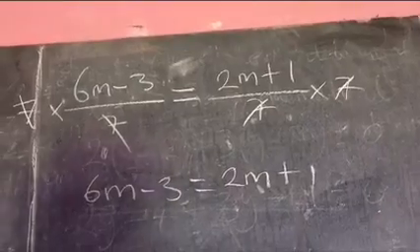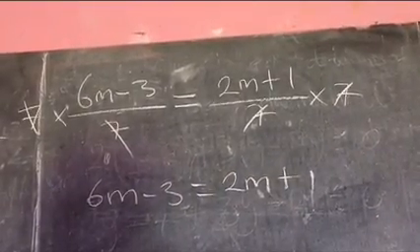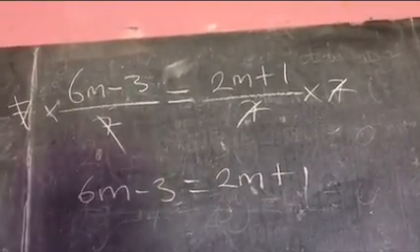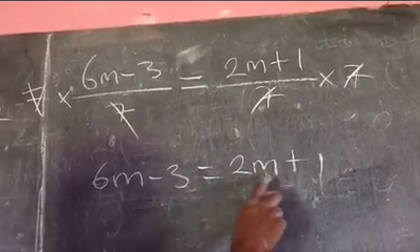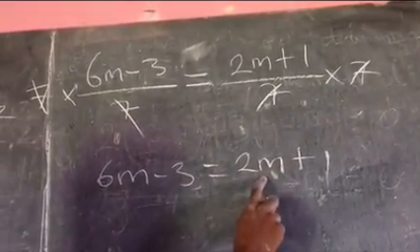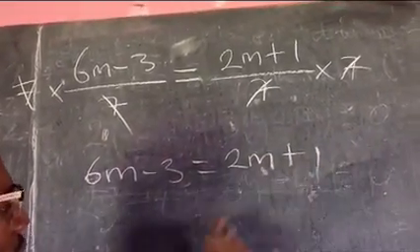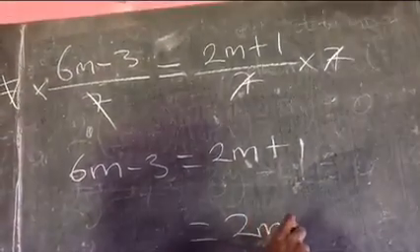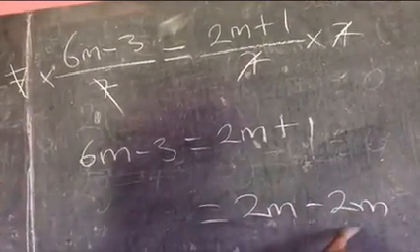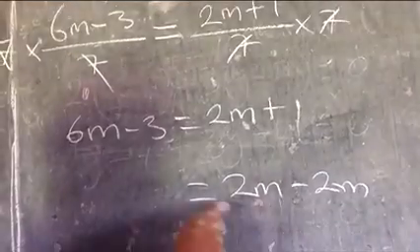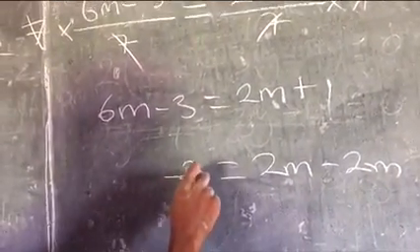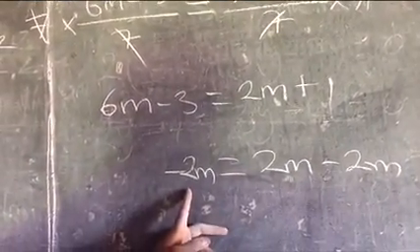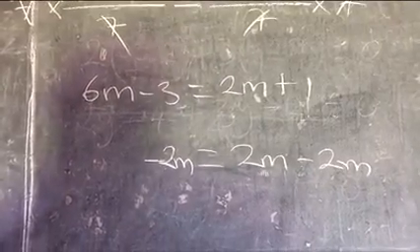What happens now? We collect like terms. You remember? I will make this one 0 here. So if I want to make 0 here, what will I do? I will subtract 2m from this side, and bring the 2m to the other side.